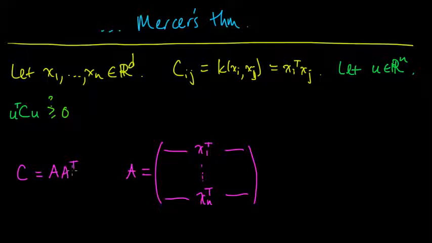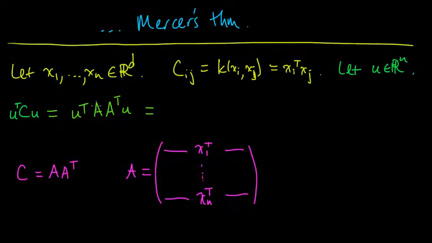Now, if you're very familiar with positive semi-definite matrices, you will immediately recognize that you could stop right here, because every real matrix that can be factored in this form is positive semi-definite. The reason why is very easy to prove. Let u be in R^n, and we need to prove that u transpose C u is non-negative. Let's plug in this representation: u transpose A A transpose u.